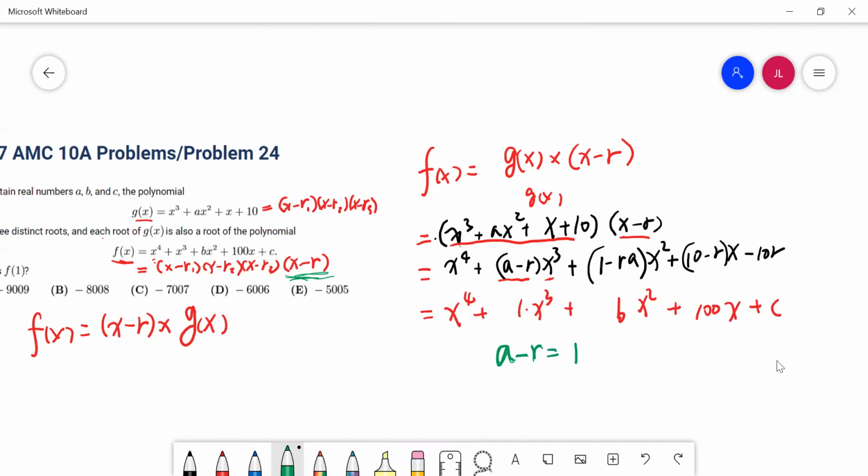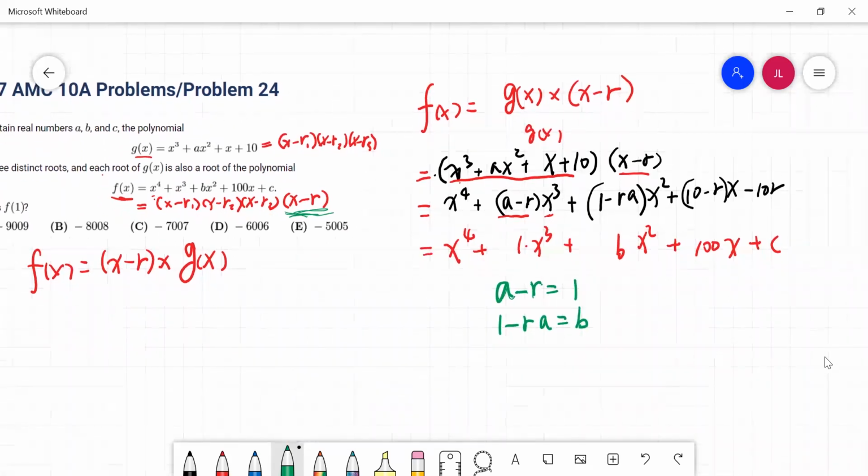So continue to compare x squared coefficients: 1 minus r a equals b, right? So we're going to do the third one, 10 minus r equals 100. And the last one, negative 10 r equals c.